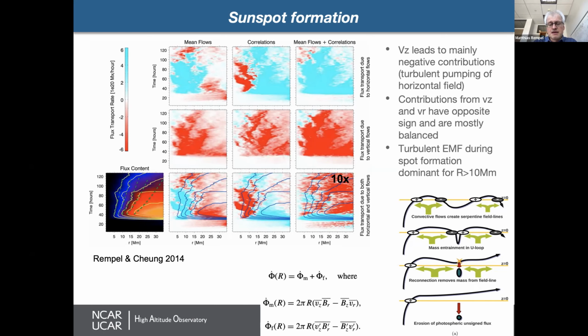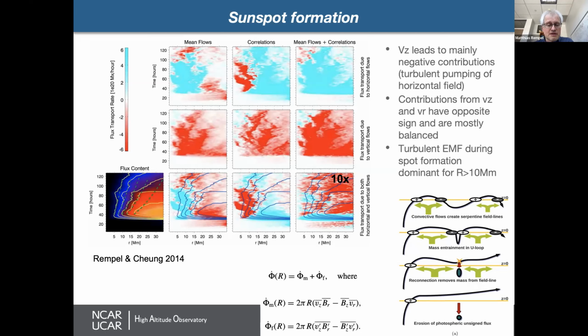And then the contributions from vertical flows and horizontal flows have opposite sign, and they're for the most part balanced. And really what makes the distinction between sunspot formation and sunspot decay is a small imbalance between the two. And in the bottom panels, I do show this balance, but the scale is changed. The amplitude is artificially increased here by a factor of 10 to actually show it.